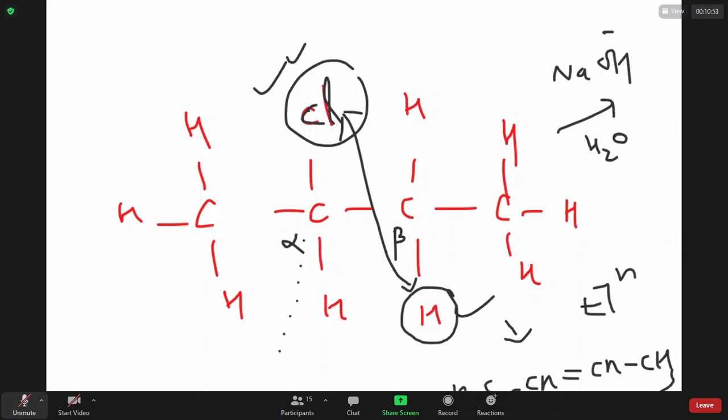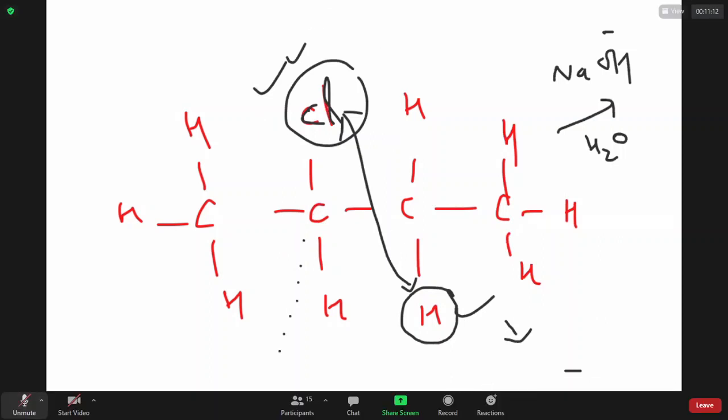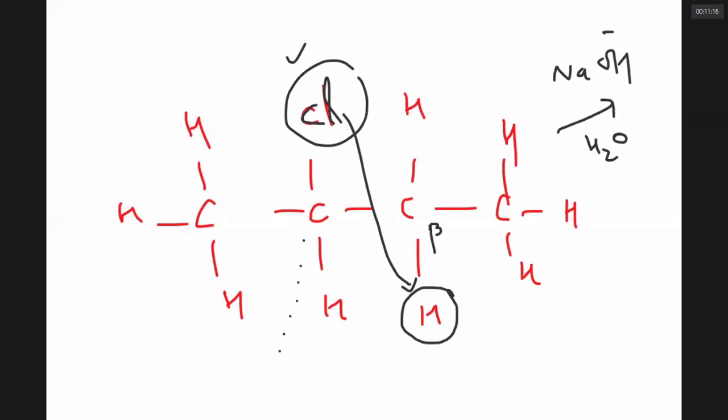The carbon to which Cl is locked is called alpha carbon. Its neighboring carbon is called beta carbon. How many beta carbons does it have? 2. Obviously, it has 2 beta carbons. You see it clearly?